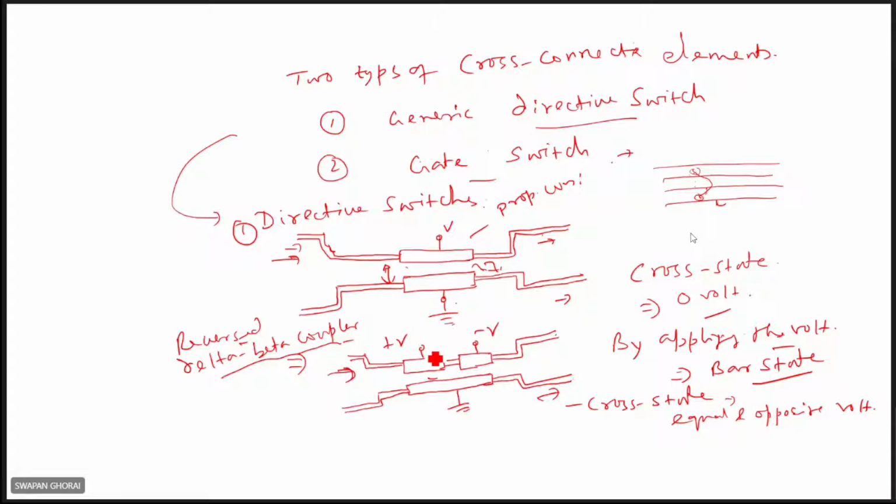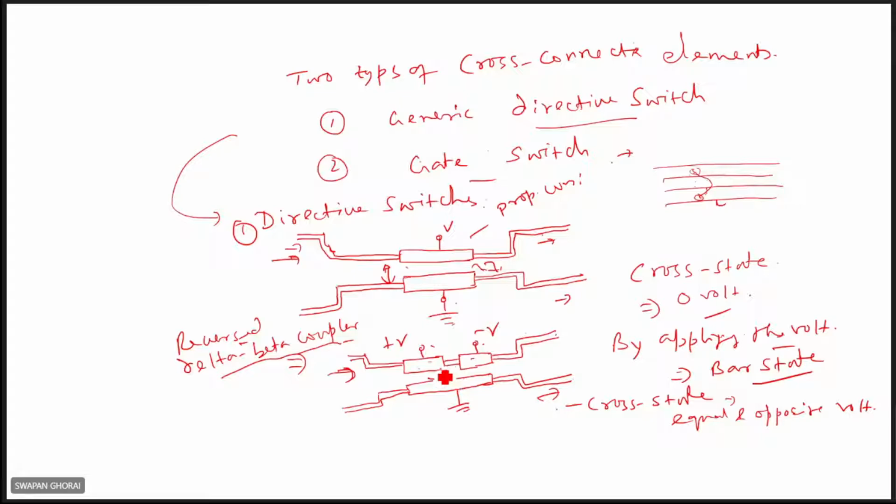You see the voltage applied is plus and minus on the two electrodes. If you apply the same voltage, it will be in the bar state.